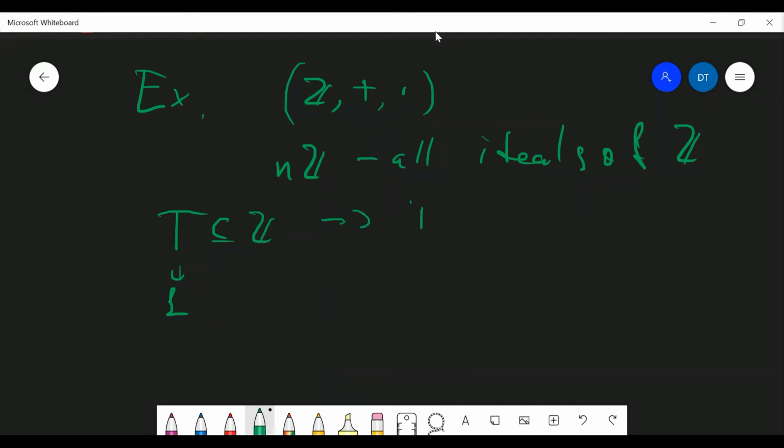So every subring coincides with Z. So we have only one subring, which is the whole ring. And we have a lot of ideals. So these are all possible ideals, and this is the only subring.